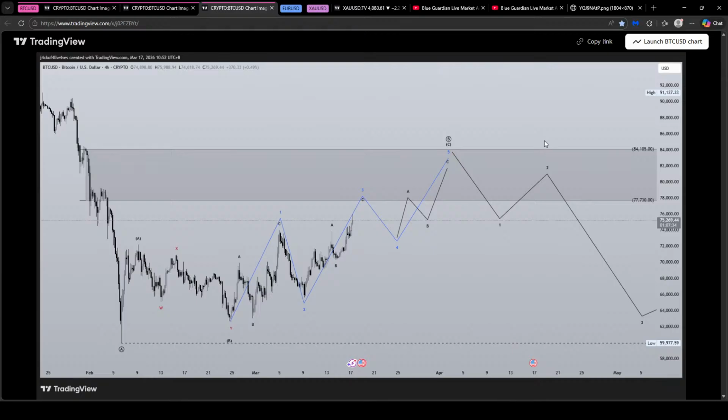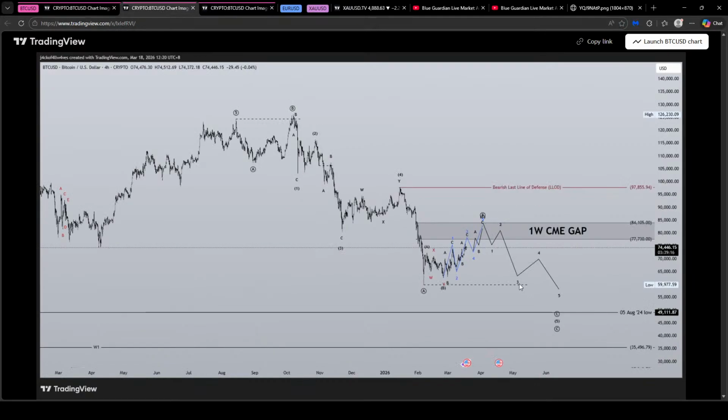So once we fill the gaps in the 1 week time frame, I'm expecting that the market will continue to go down, 5 waves down, breaking the low of February. That will be my forecast for Bitcoin. And take note, as early as November last year, I had already forecasted these 5 waves down.